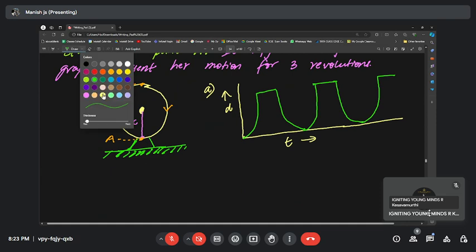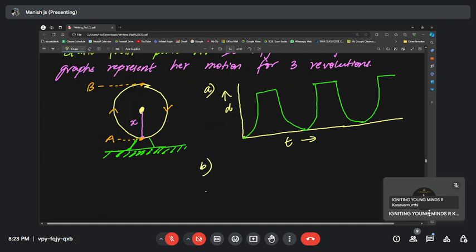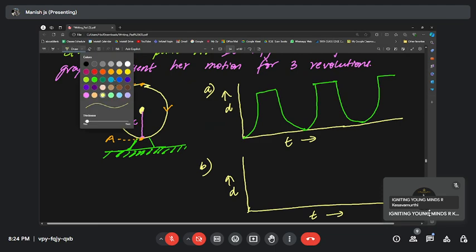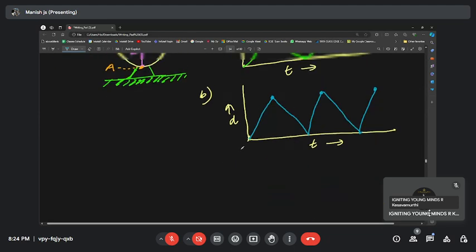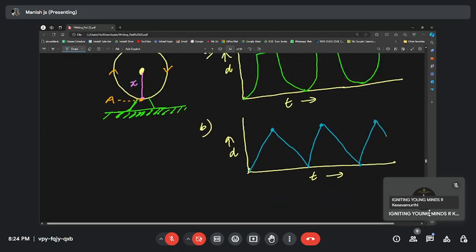Moving on to the second graph, B. Again you have distance and time here also. This is the second graph.